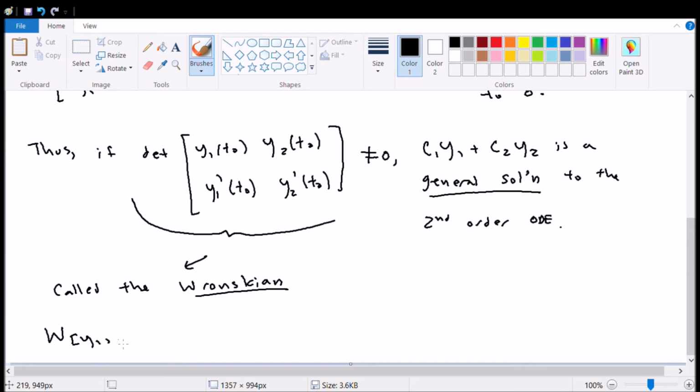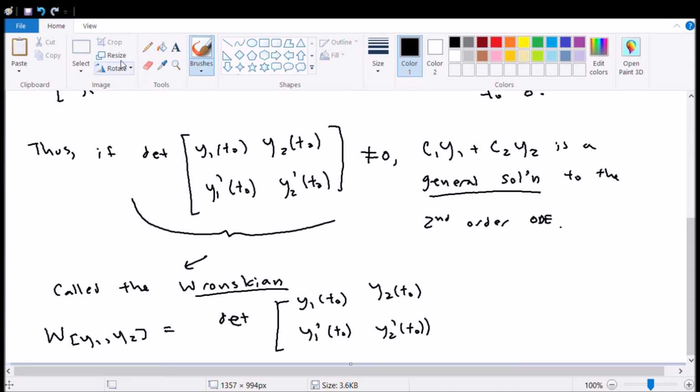And when you have those two solutions to that second order differential equation, and you're trying to see if those two solutions combined form a general solution, you can take the determinant of that 2 by 2 matrix along with an initial condition and see if you can solve for C1 and C2 given any condition. And I forgot to write the initial time into that notation there, but remember that the Wronskian is a function of the initial time.